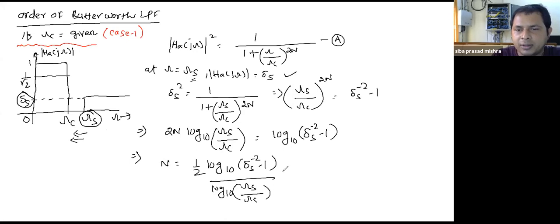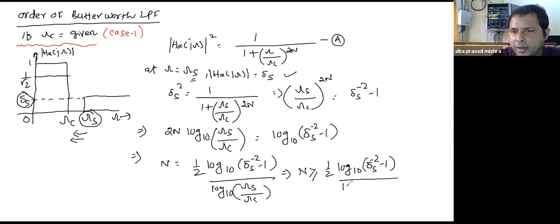Instead of exactly equals, I will write n greater than or equal to 1 by 2 log10 of (delta_s to the power minus 2, minus 1) divided by log10 of omega_s by omega_c.